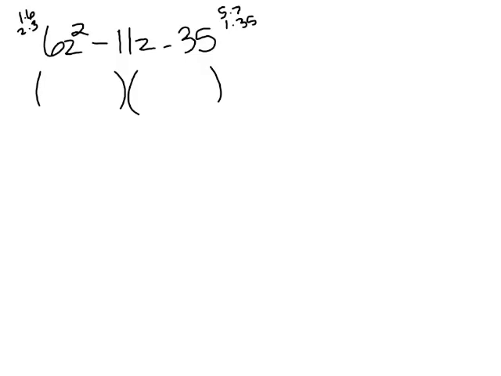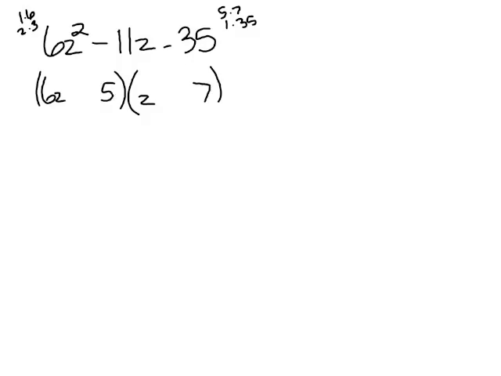I need to get to 11. Let's try the 1 and 6 first. 6z and 1z. So there's my 6z squared, and then 35. Which one should we use? 1 and 35 or 5 and 7? 5 and 7.